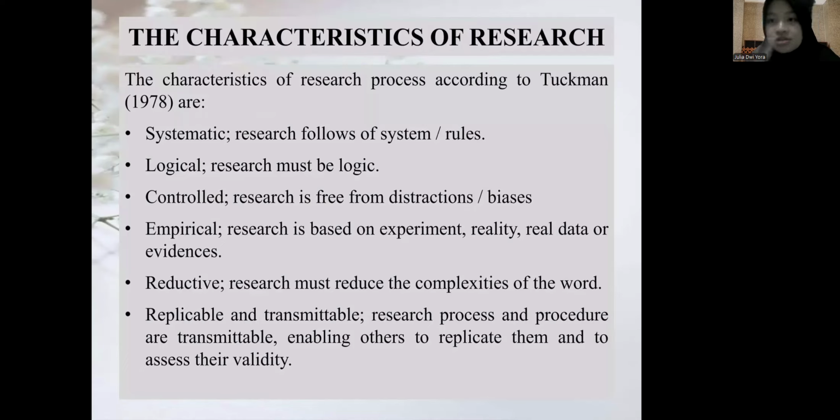And the third is controlled. So research is free from distractions or biases. There are no distractions in this research, but it is still controlled. The fourth, empirical. Research is based on experiments, reality, real data, or evidence.